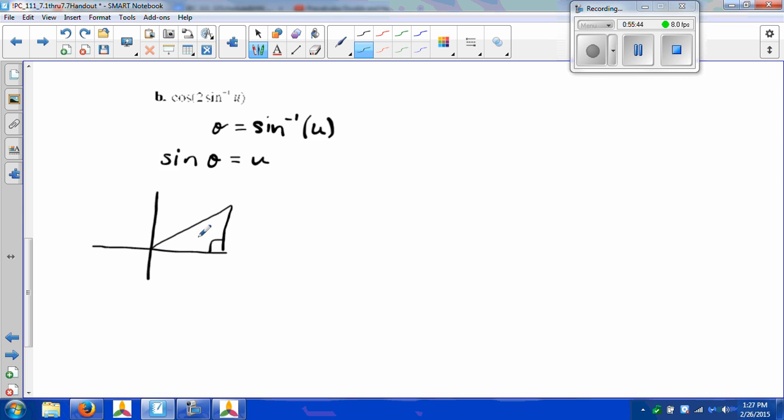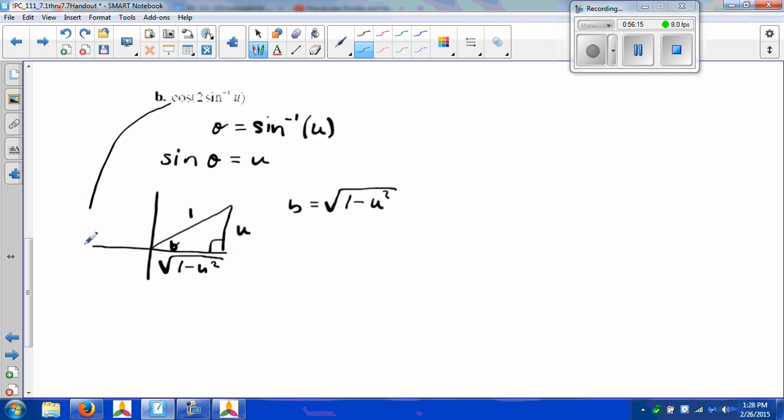And then, let's see, this is theta. All right. So that's opposite over hypotenuse. And then now, b is the square root of 1 squared minus u squared. Take a minute if you need to and figure that out on your own. So that's 1 minus u squared.